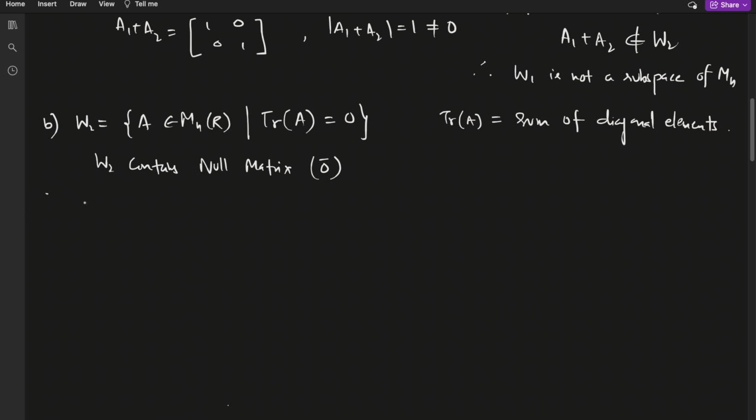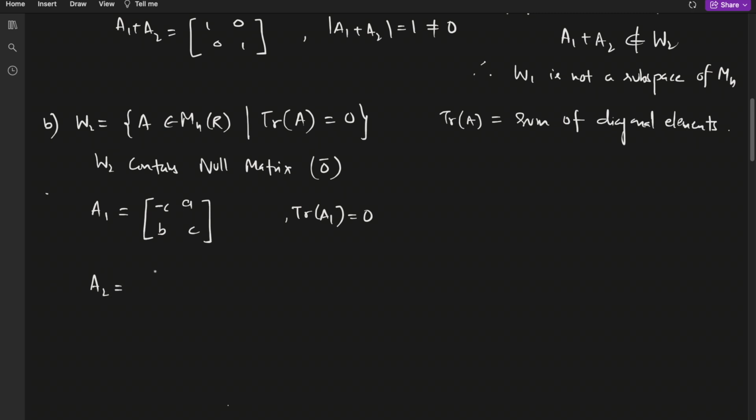So again we will take two matrices. For example, A1 is such that its trace is 0. Whatever elements I take, A, B, let us suppose I take minus C and plus C here, right? So the trace of A1 is 0, that is, the sum of the diagonal elements is 0.